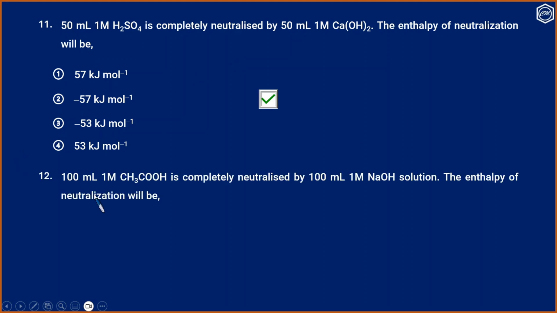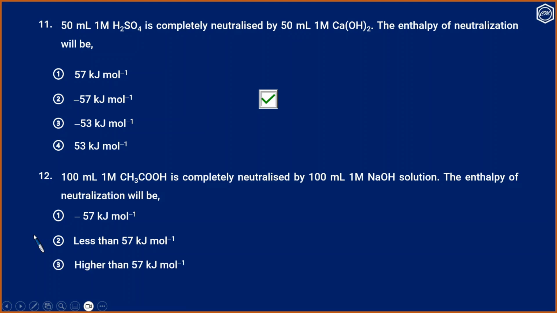Question number 12. 100 ml 1 molar acetic acid is completely neutralized by 100 ml 1 molar sodium hydroxide solution. The enthalpy of neutralization will be: option 1, minus 57 kilojoules per mole; option 2, less than 57 kilojoules per mole; option 3, higher than 57 kilojoules per mole; option 4, cannot be determined.